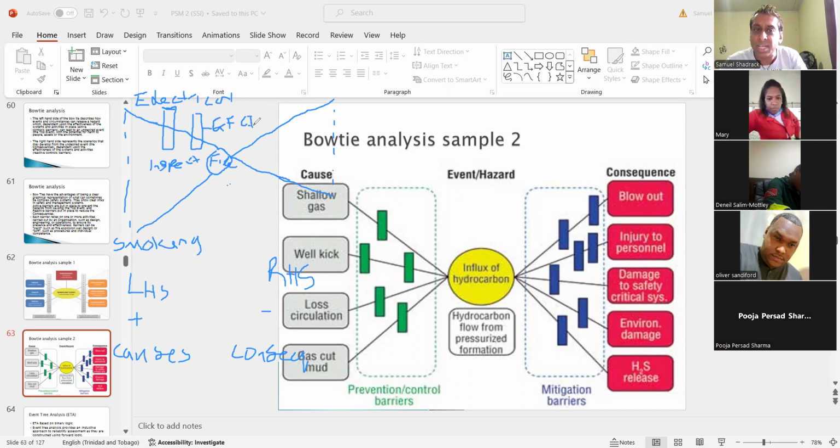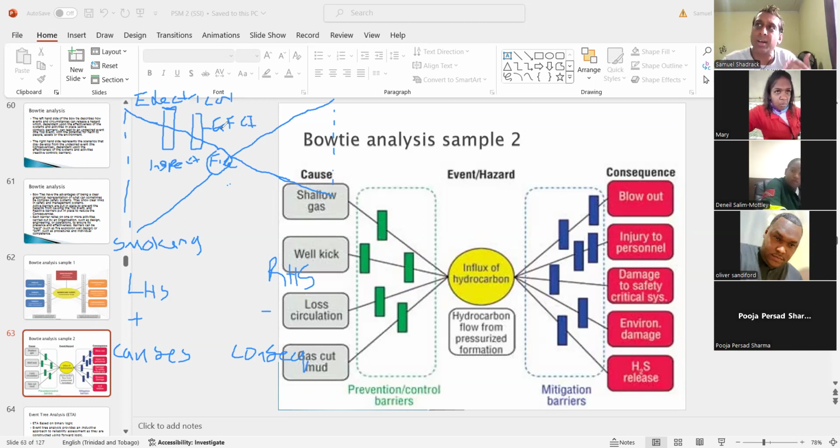So you understand? The more barriers you have, the line wouldn't be continuous, as we are seeing here. So the line is broken. I had to erase mine, but I'm not going to erase it because I'll take up the whole diagram. But the more barriers you put, the barriers then is what the team considers.